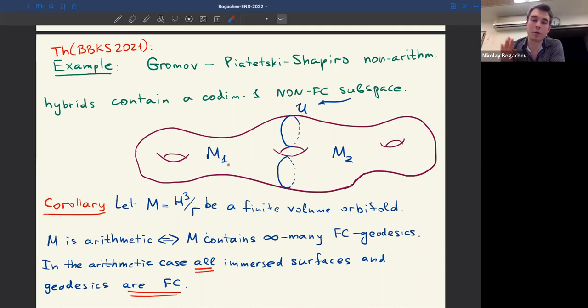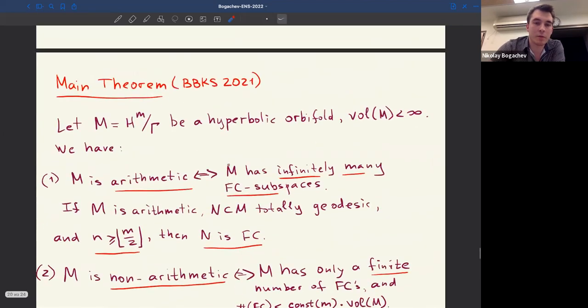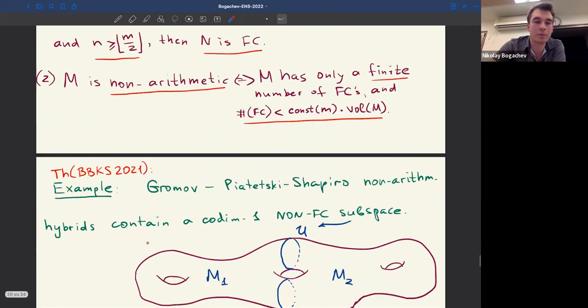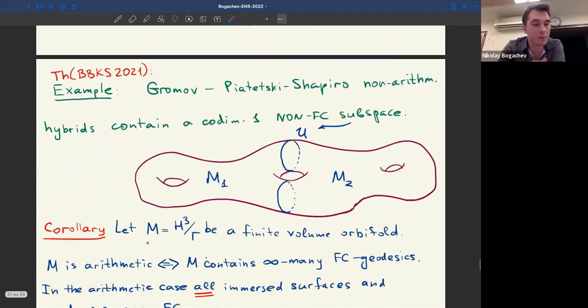These are glued along the common totally geodesic boundary of codimension 1, and these hyperbolic surfaces, the gluing locus, are always non-FC subspaces in all Gromov–Piatetski-Shapiro hybrids. This example refers to this bound. In the arithmetic case, we cannot have such examples; in the non-arithmetic case, we see these examples.